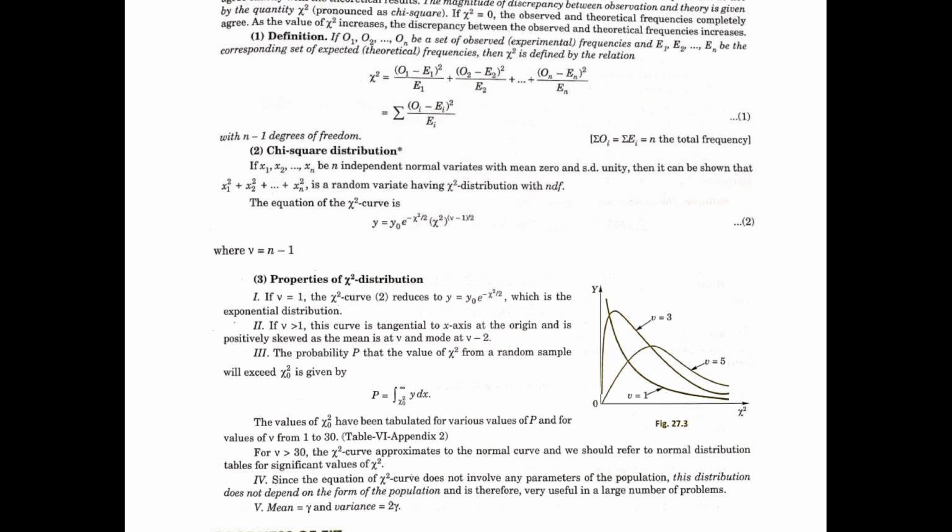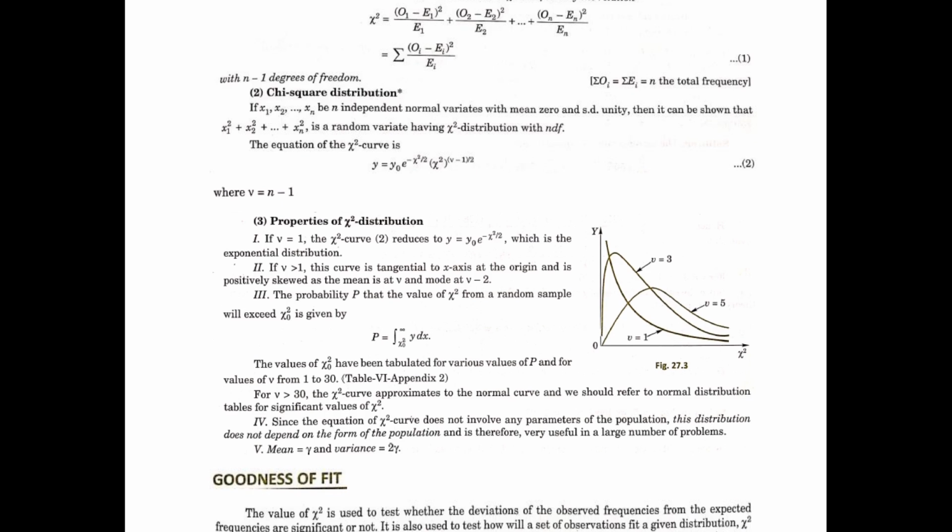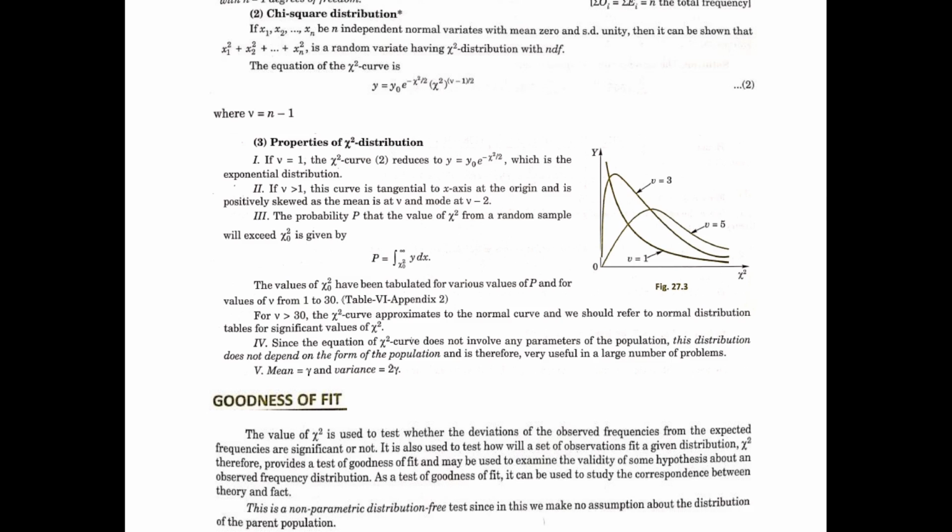Let's discuss the properties of the chi-square distribution. If v is equal to 1, then the equation reduces to y equal to y0 into e power minus chi-square by 2, which is an exponential distribution, and this is the curve of the exponential distribution.